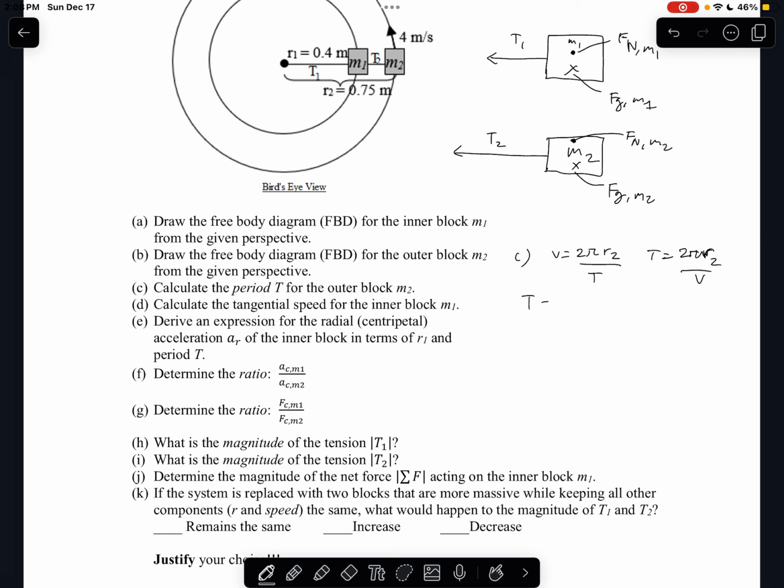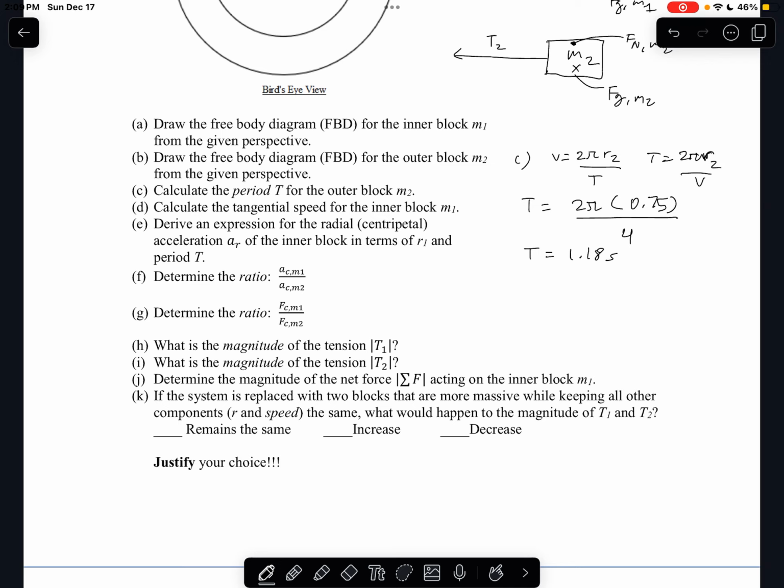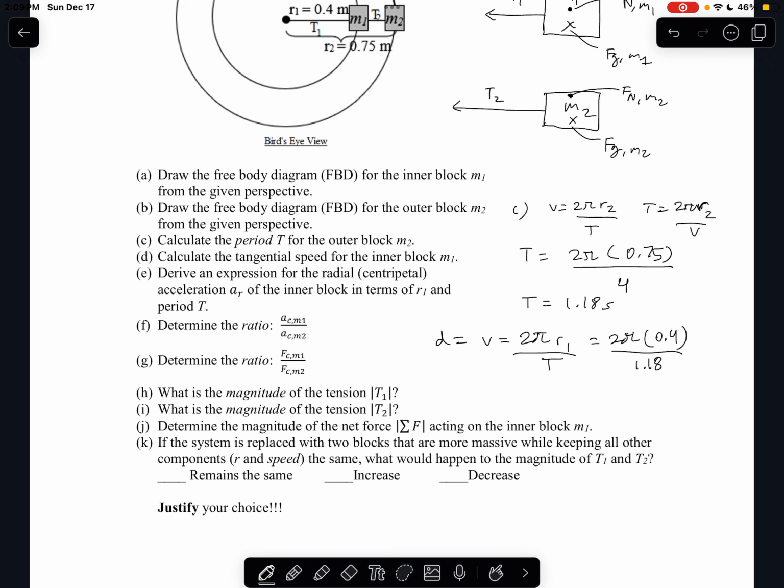And now to calculate the tangential speed for the inner block M1, I'm going to use the same thing, V equals 2 pi R1 over T. Like I said before, since the period is the same, I can plug in 1.18 for T. R1 is 0.4, over 1.18.